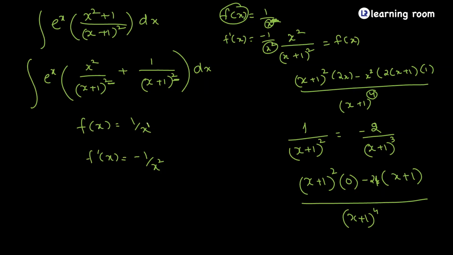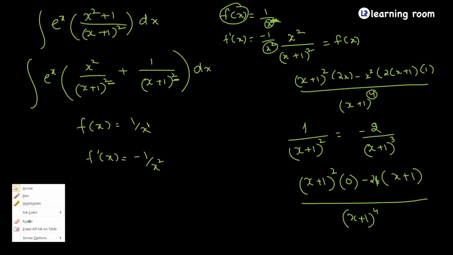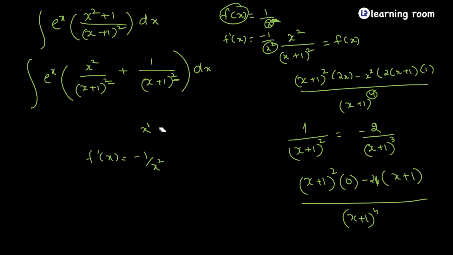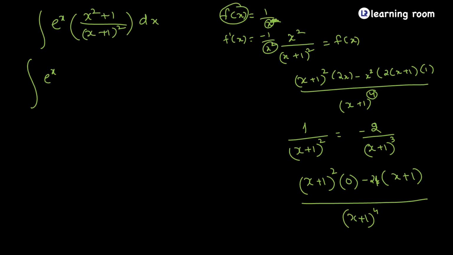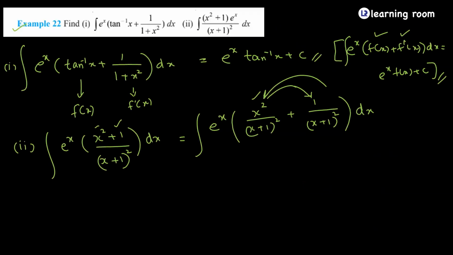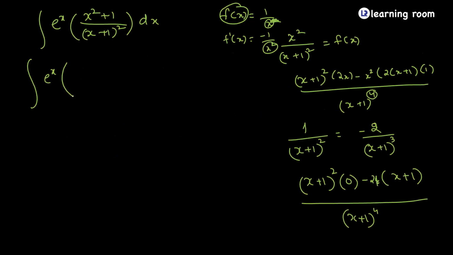Okay. Now see, now look at the logic. So e power x into, if I have to make this x plus 1 the whole square into x plus 1, what should the numerator be?